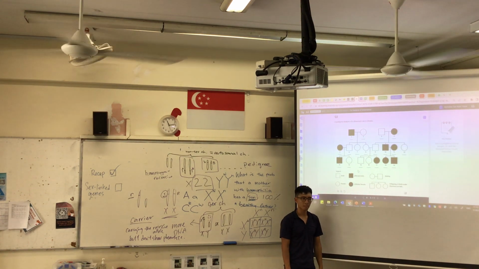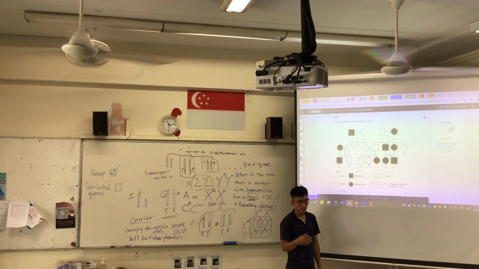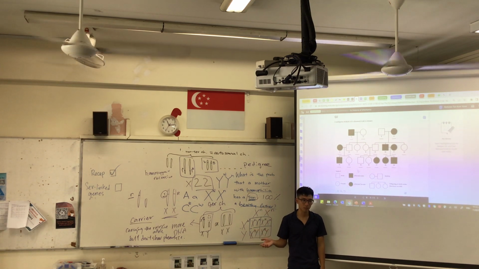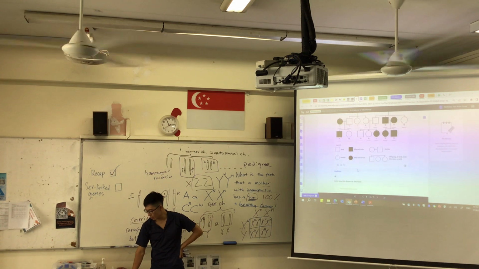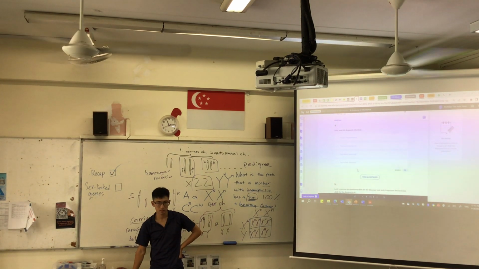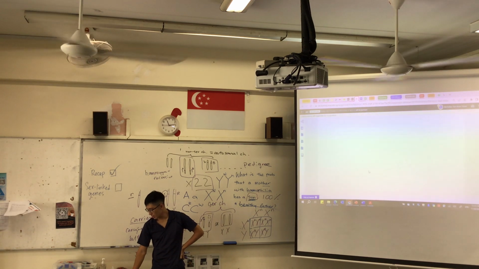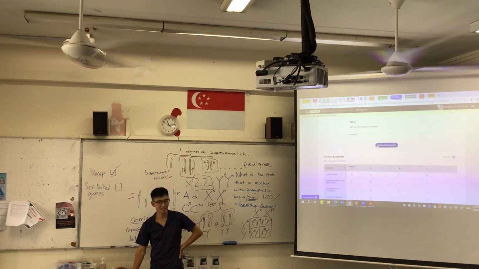Is it linked to sex chromosomes or is it linked to the non-sex chromosomes? Okay, everyone ready? You choose an answer. Then we'll do a quick run through. Okay, let's see where we predominantly fall.